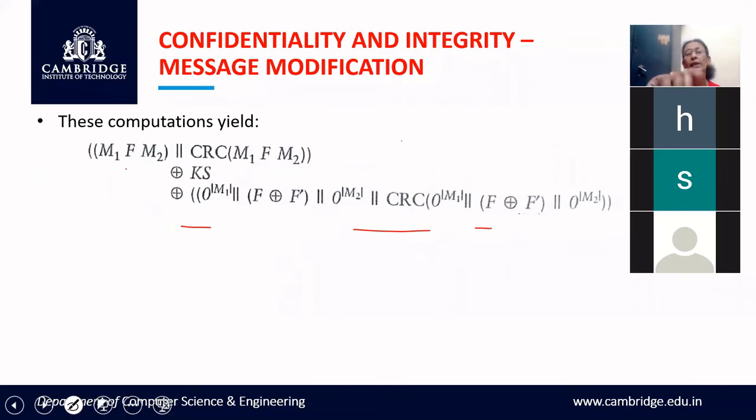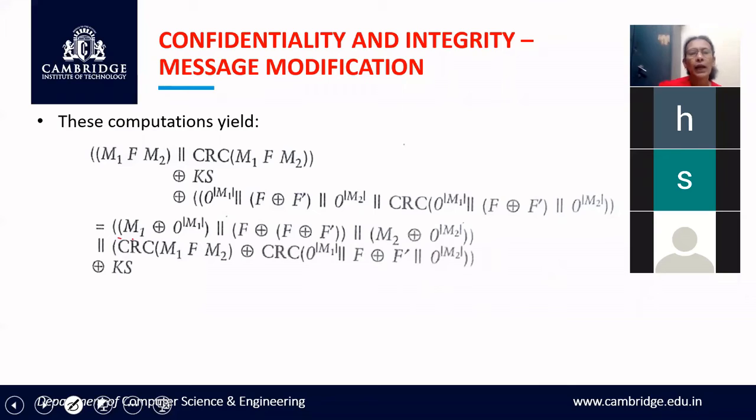Now when he does this, what is it that he will get? You see, M1, you are XORing with zeros, M1 number of zeros. What is it you will get? M1, any bit XORed with 0, you will land up with the same bit. So you will get back the message M1 itself.